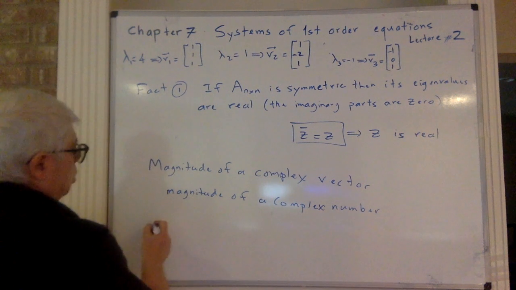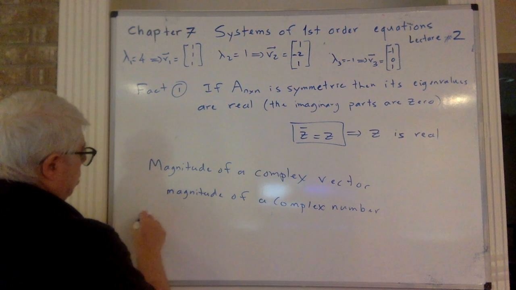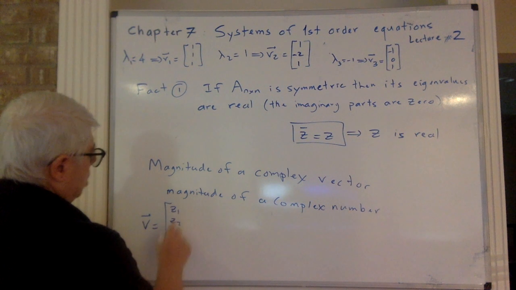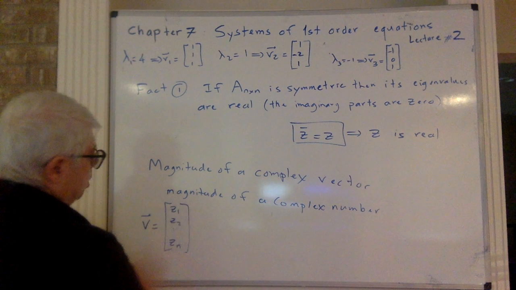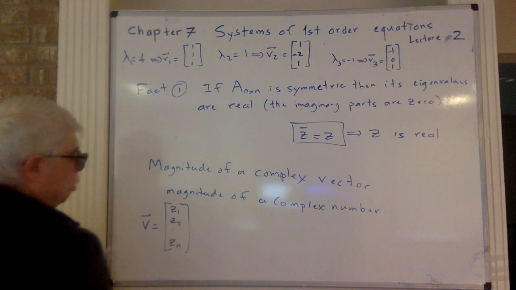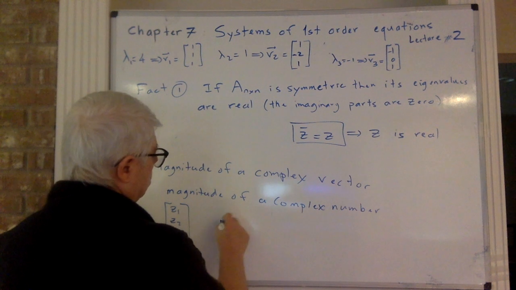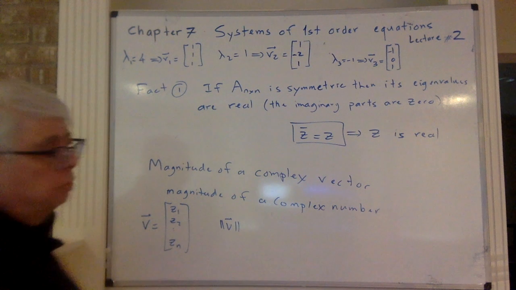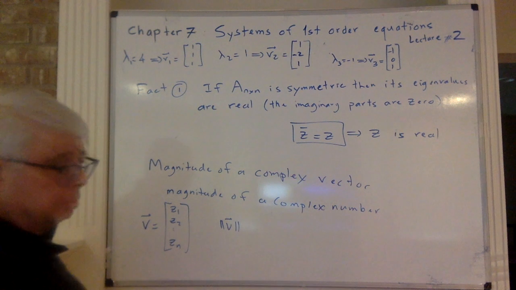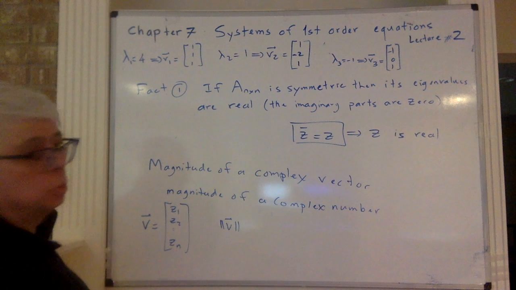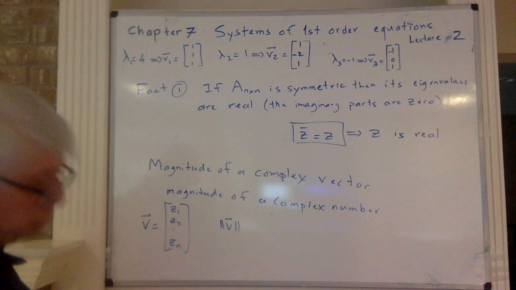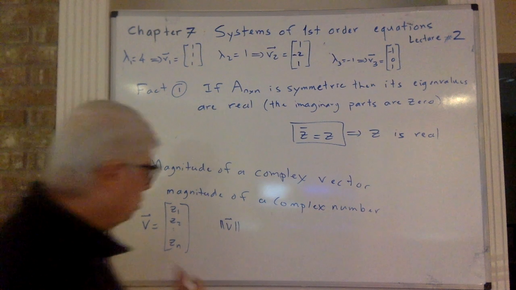But a complex vector, say, is like this. So I have Z1, Z2, Zn. So the magnitude of this complex vector, remember the magnitude of a simple vector was the square root of V transpose times V, or V dot V. It's the same thing, except if I transpose this thing, I also conjugate it.